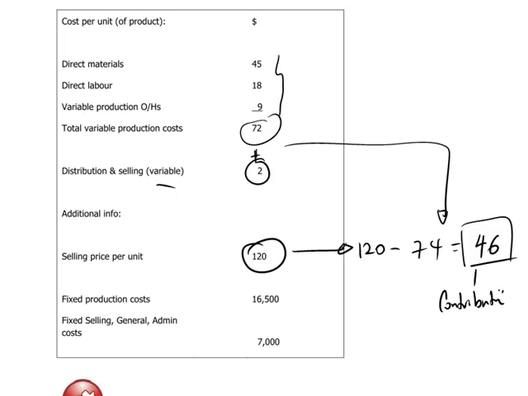And in fact, contribution becomes the basis for being able to cover our fixed costs, which in the scenario is the sum of the fixed production costs and the fixed selling, general and administrative costs, which comes out to $23,500.